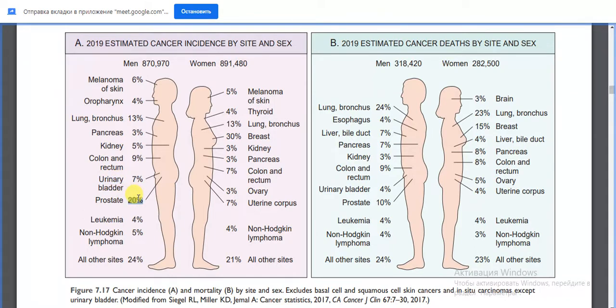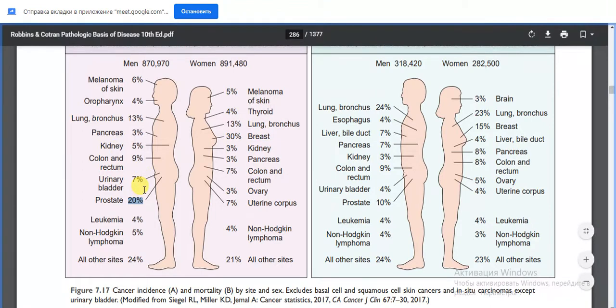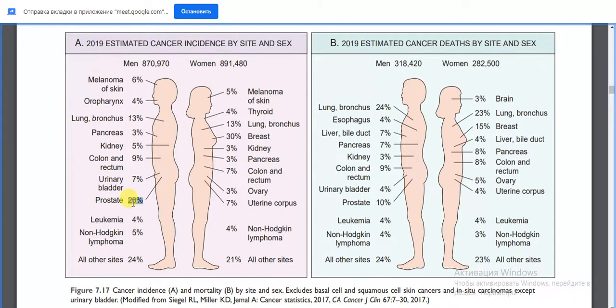That's what I want to draw your attention to. Prostate cancer has become very common, but why has it become so abundant? Actually, it's not because prostate cancer is very dangerous. It might be less dangerous than others, but it was not diagnosed before. Prostate cancer was found very rarely. But for prostate cancer, we have a diagnostic procedure.